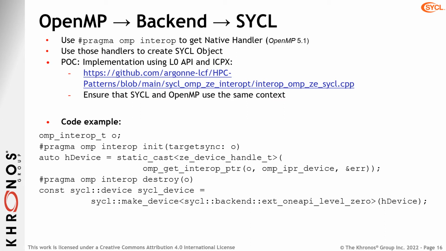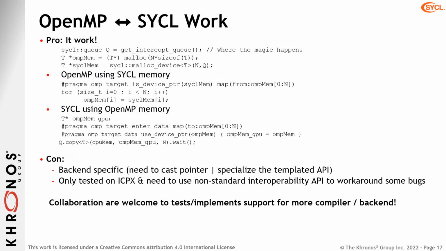In this case, we ask for the native handle of the device that we cast into a Level Zero handle. So now we have a Level Zero device handle that we can use in this SYCL make device function to create a SYCL device. So in the main code, we do that for everything: the context, the queue, and everything. And at the end, you get a queue which is interop, and can be used as an interop between OpenMP and SYCL.